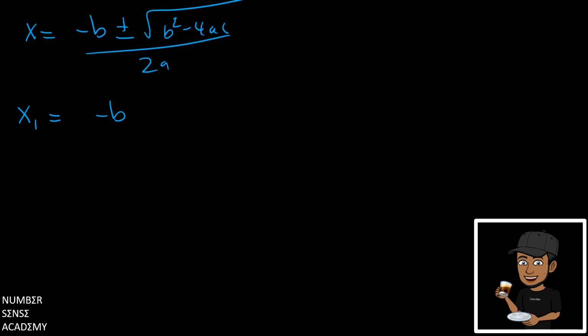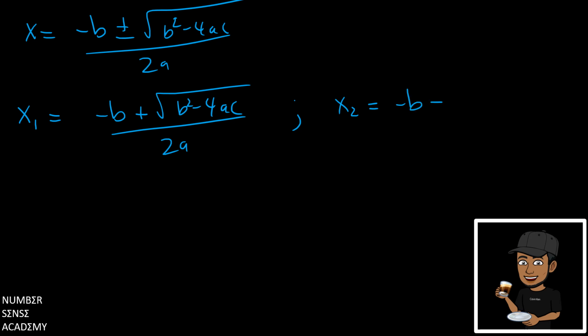That's going to be negative b plus the square root of b squared minus 4ac over 2a. And then the second case is going to be x2, negative b minus the square root of b squared minus 4ac over 2a. Okay, so there's a plus case, right? And there's a minus case.